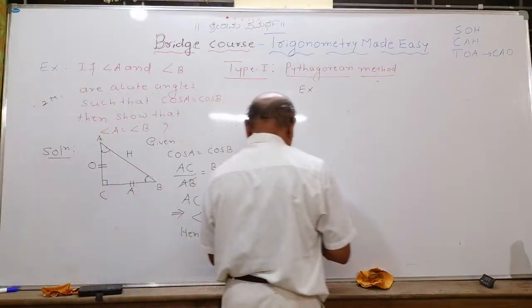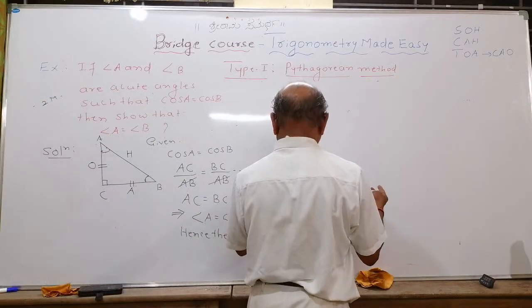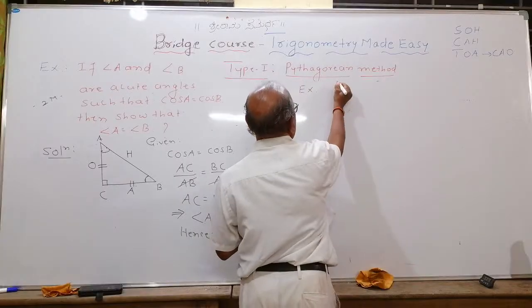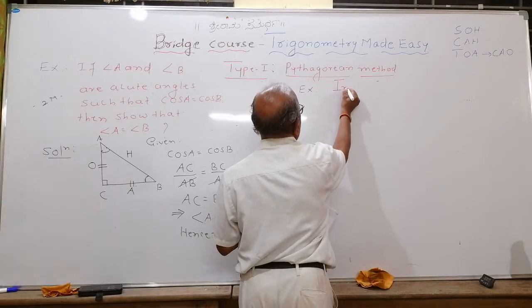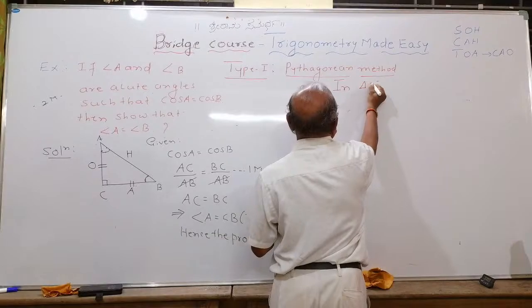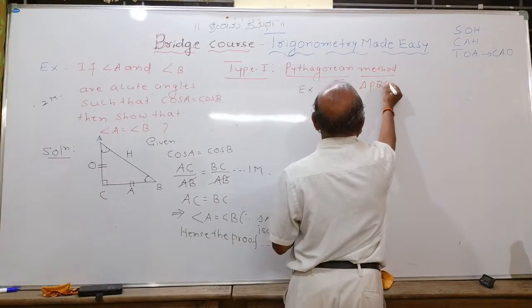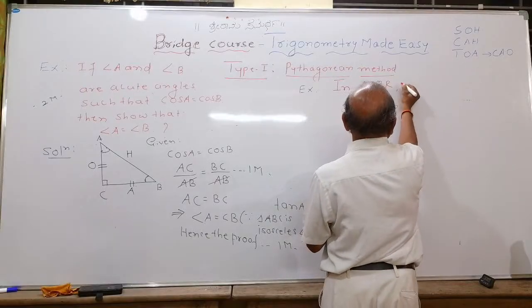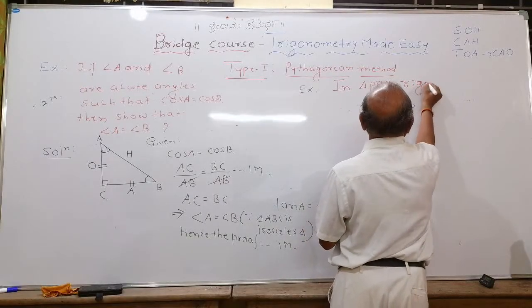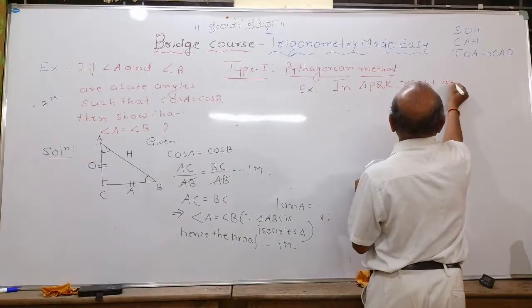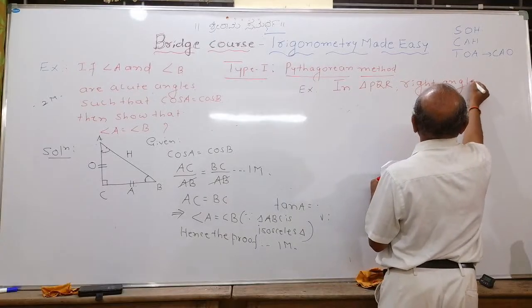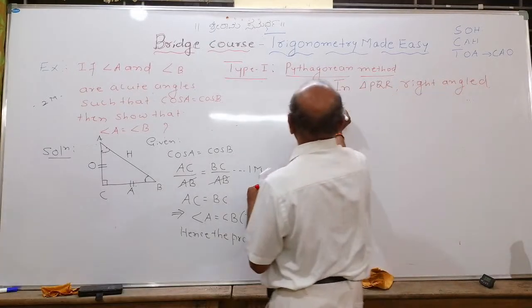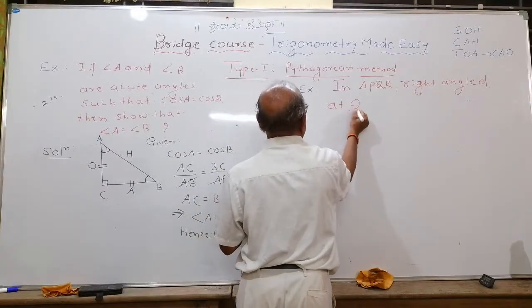I will take only those questions which are a little bit tougher. In a triangle PQR, the problem is like this, right angled at Q. You note down the question and solve.